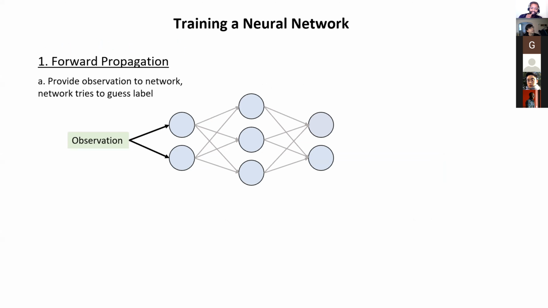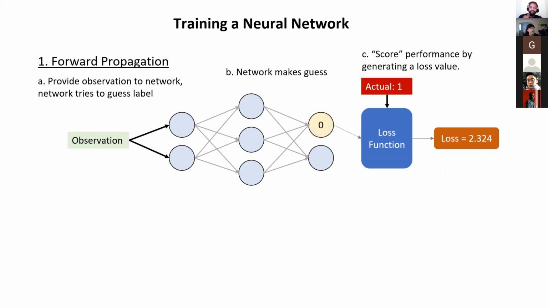There are pretty much 3 stages to training a neural network, the first of which is forward propagation. In forward prop, we provide an observation or a batch of observations to the network. The network makes a guess as to what label the observation, or observations in that case guesses, belong to.